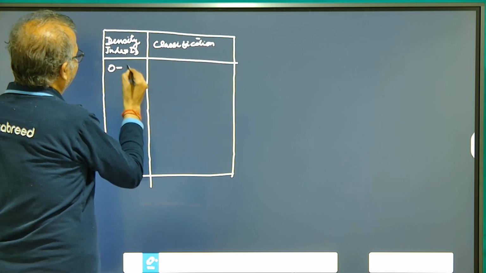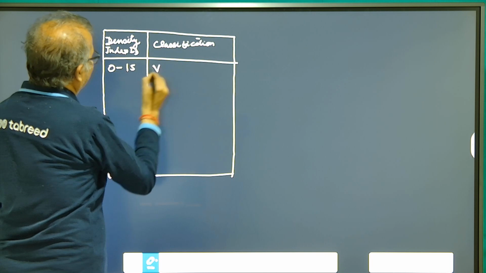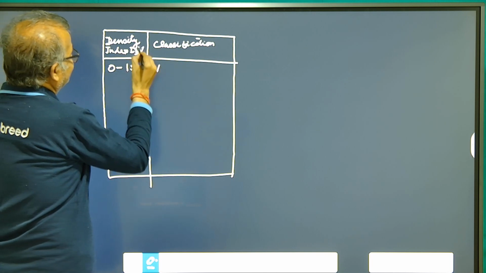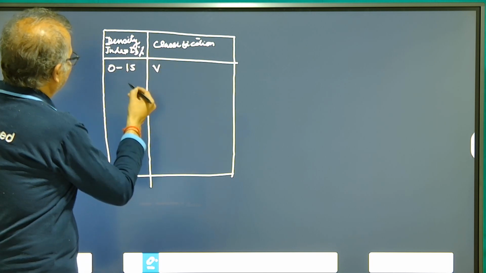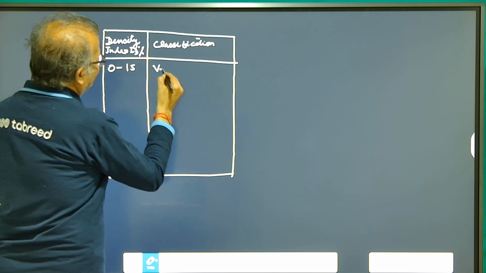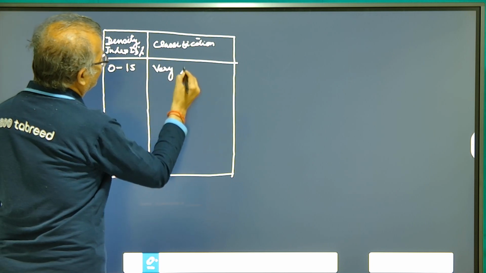When ID is 0 to 15%, soil is said to be very loose.